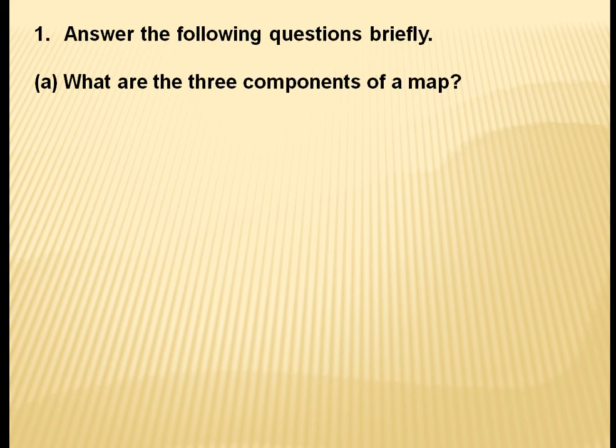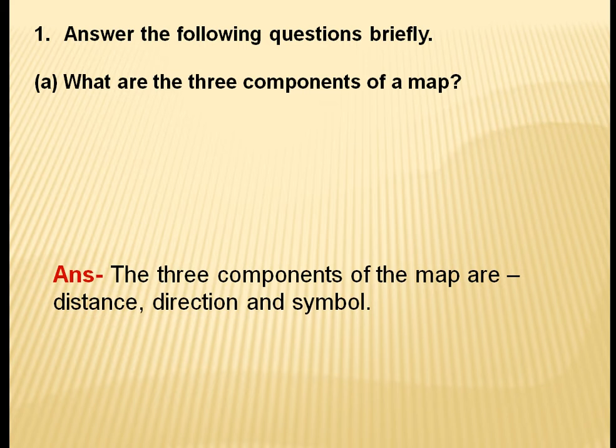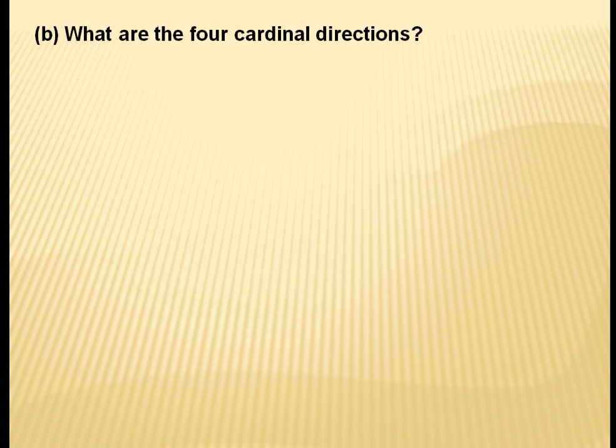Next, question number 1. Answer the following question briefly. What are the components of the map? They are DDS: distance, direction and symbol. Let's check out the answer. 3 components of the map. Okay, the slide is showing it to you. Question number 2. What are the 4 cardinal directions? That is NEWS.